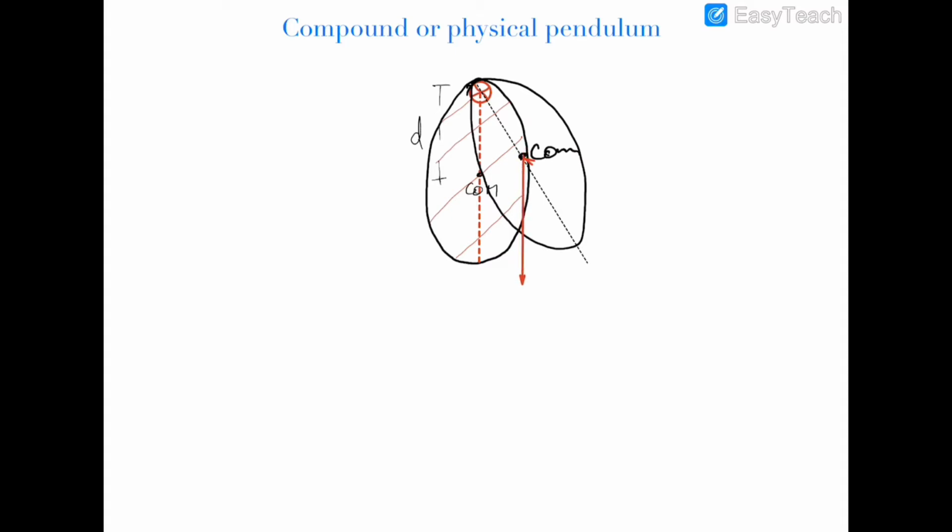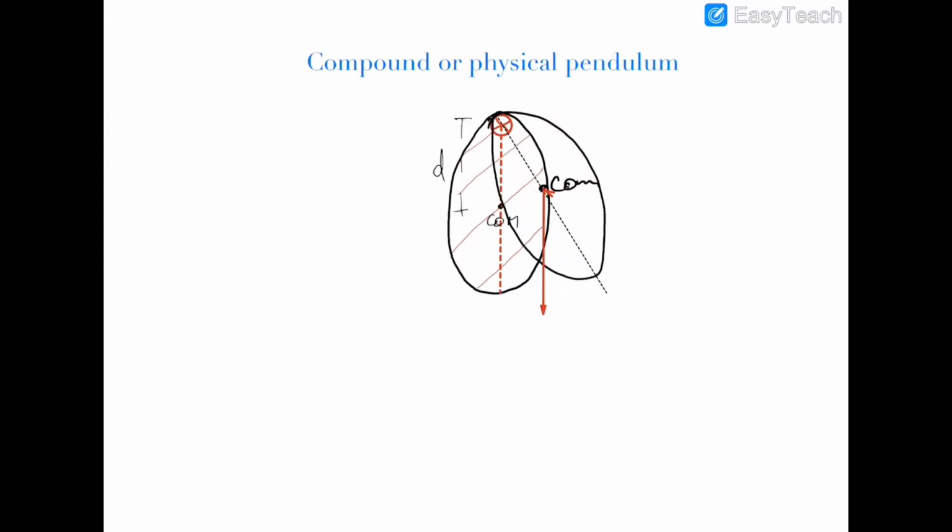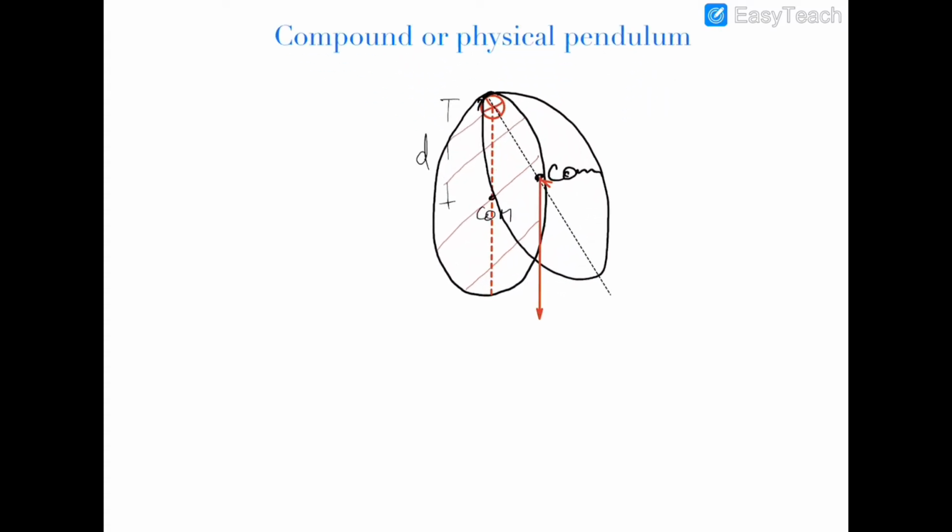If we have displaced this pendulum by an angle of theta, the torque of mg about the hinge, tau, will be equal to mg into this distance d sine theta. So this is mg d sine theta.